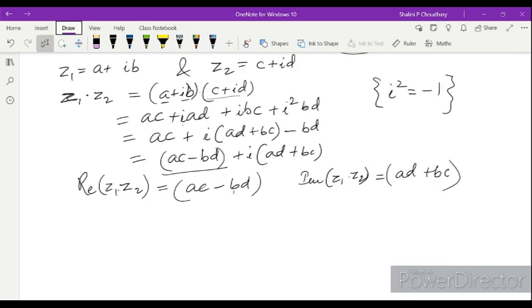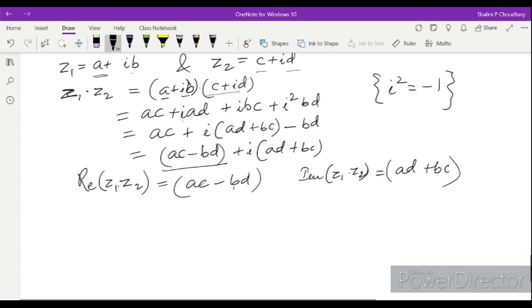When we are multiplying z1 and z2, or any two complex numbers a plus bi and c plus di, what value are we getting? ac minus bd.